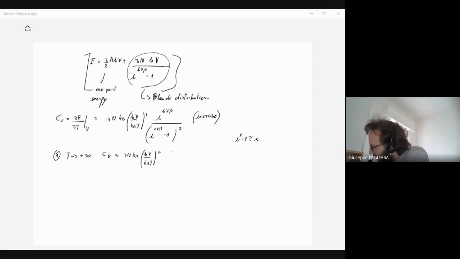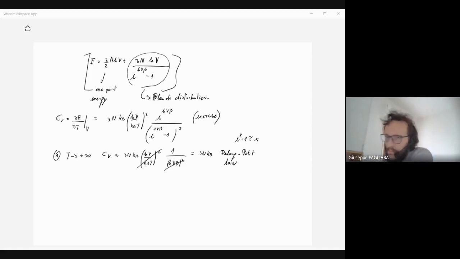And therefore, at the denominator, I just have h nu beta squared, which simplifies with this because beta is 1 over kBT. And therefore, I just have 3N kB for the heat capacity, which is the Dulong-Petit law. Which is a constant, okay? This holds true also for the ideal gas, for which we know that the heat capacity is a constant.